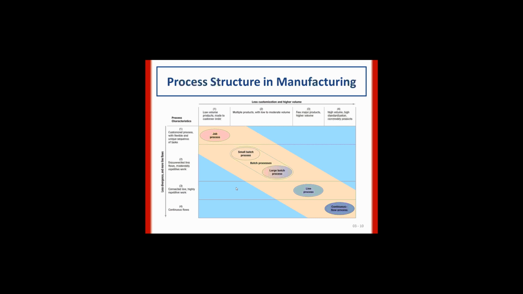The process with high customization and flexible flow will be a job process and small batch. The process that have low customization, almost standardization, will be line and continuous flow process.